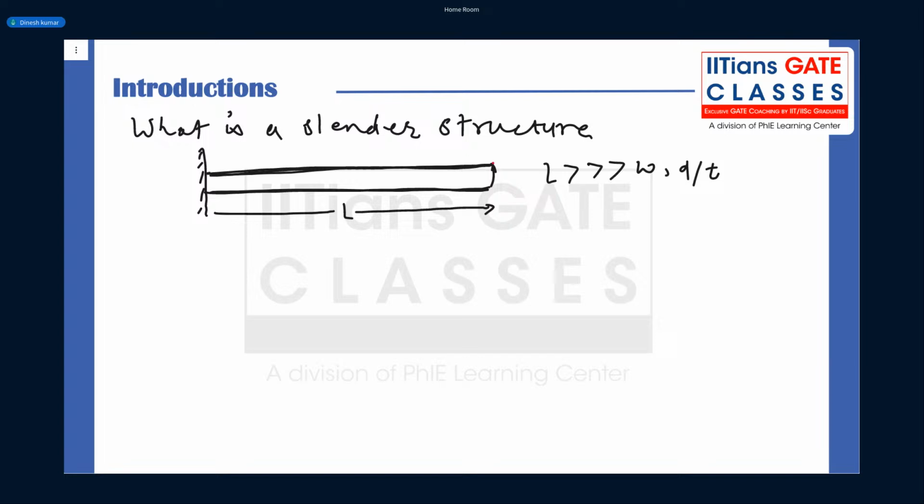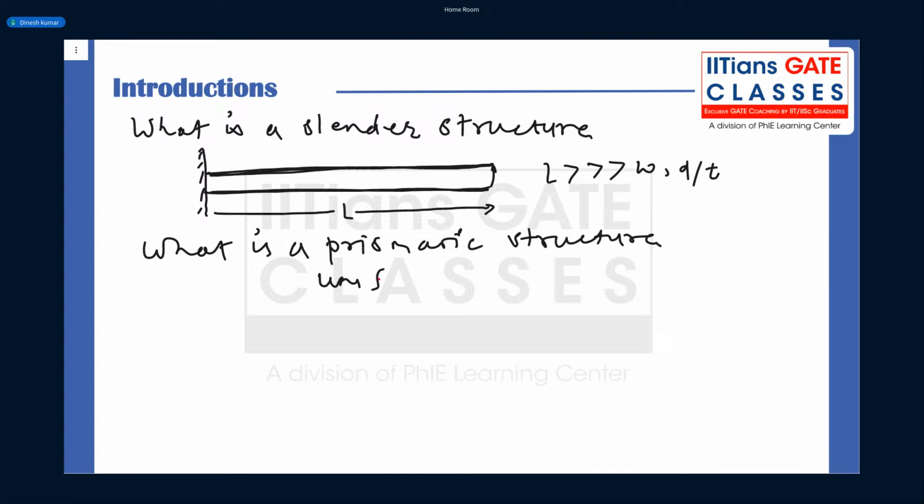What is another condition apart from uniform cross section for a prismatic structure? Can anyone tell? First is uniform cross section. Another?